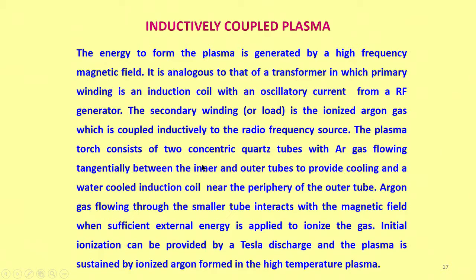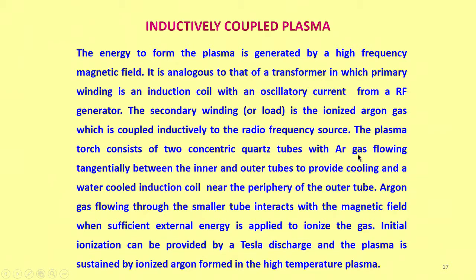Okay. So, the plasma torch, what I had discussed earlier, consists of two concentric tubes, tube inside a tube. So, that is how inside the sample, outside in another tube, two gases are coming.